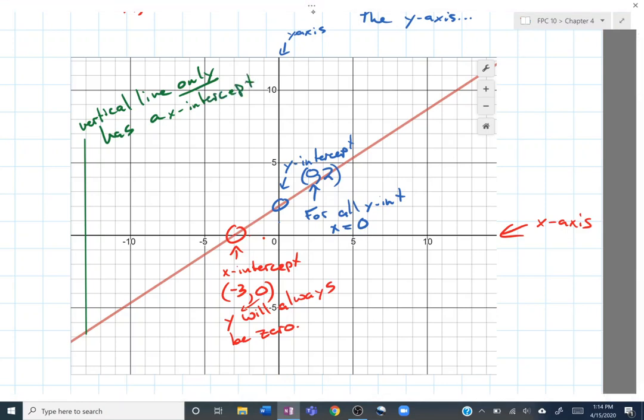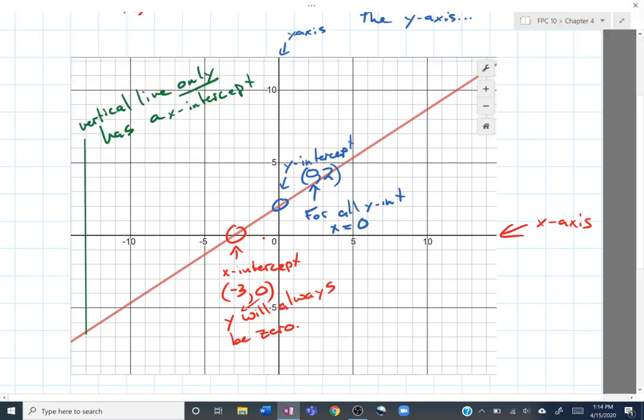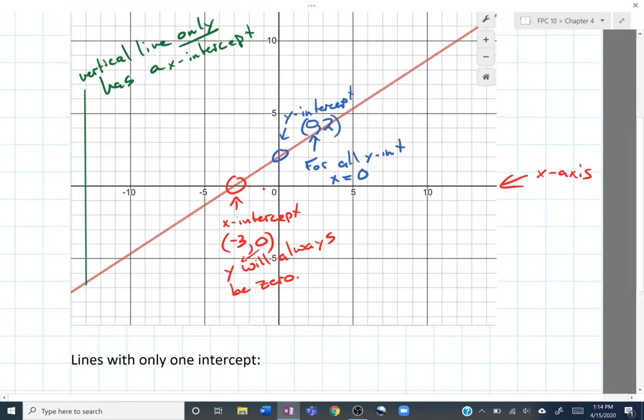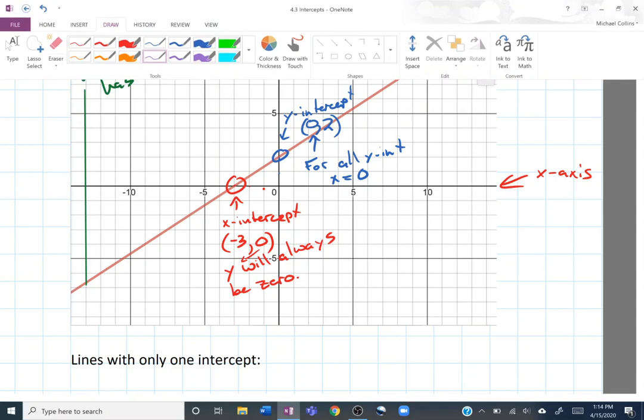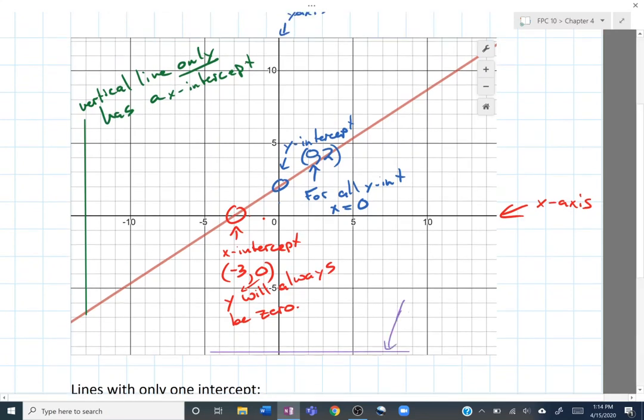And if you're thinking ahead, I'm going to do this next one in purple, because purple's kind of fun. A horizontal line would then only have a y-intercept. So if I've got a horizontal line, I go straight horizontal, a horizontal line only has a y-intercept.